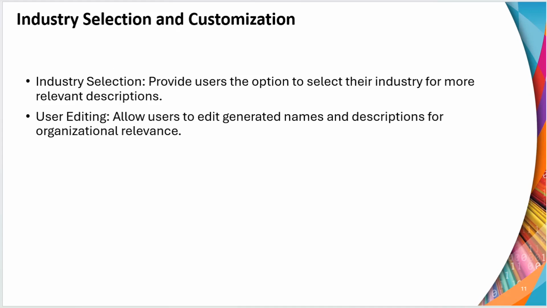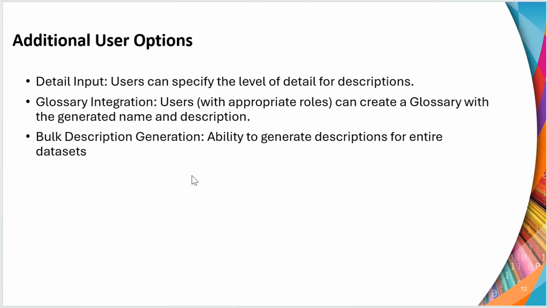Similar to what we saw in business description, here also we have an industry selection option, which lets users select their industry for a more relevant description, and users will be allowed to edit the generated names and descriptions for organizational relevance.